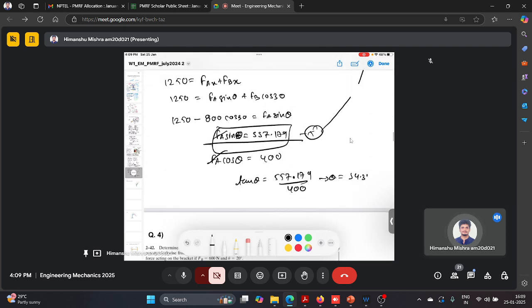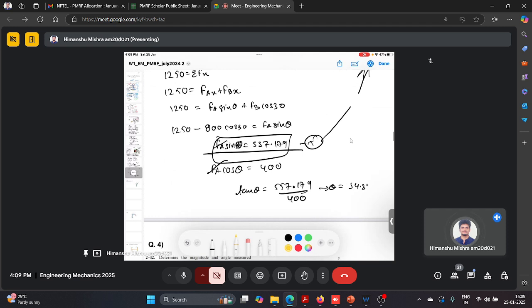Let's say I substitute in equation 5, so it will be Fa sin 54.3 equals 557.179.